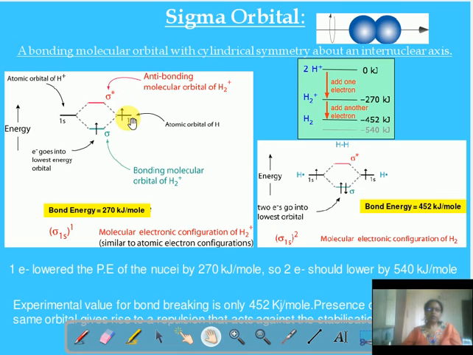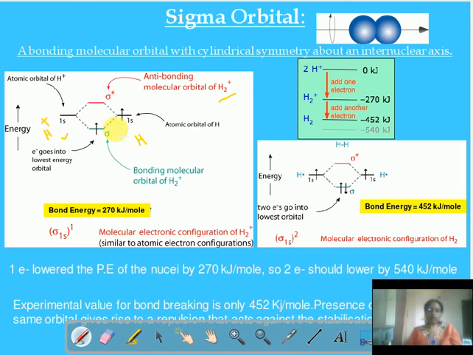When we consider the formation of the H2 plus molecule, here one s atomic orbital is vacant, and this is basically H plus, and then this is H. So it has one electron.